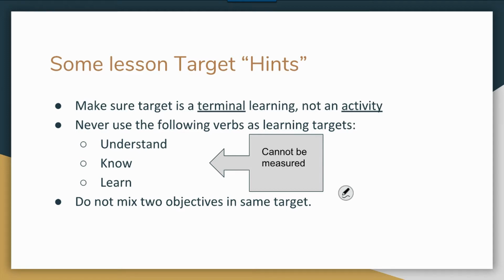You don't know if they learned it until they've done something else. They've explained it to you, they've demonstrated it, they've written something. So those become your action words: explaining, demonstrating, and writing. Not understand, know, and learn. This is the soft target we all go to. It's imprecise, but it might be a place to start.